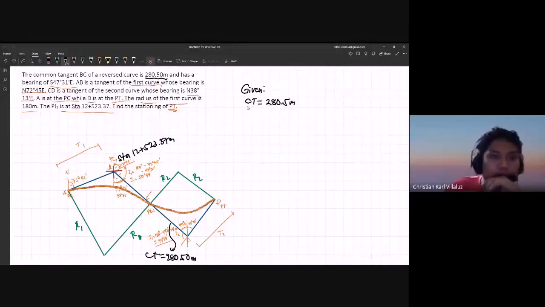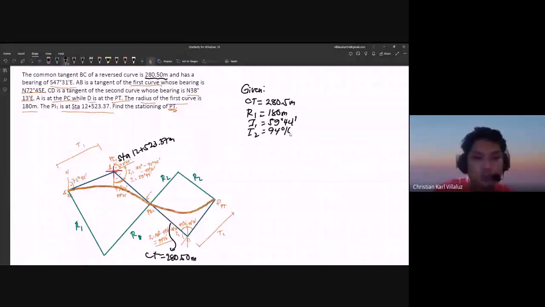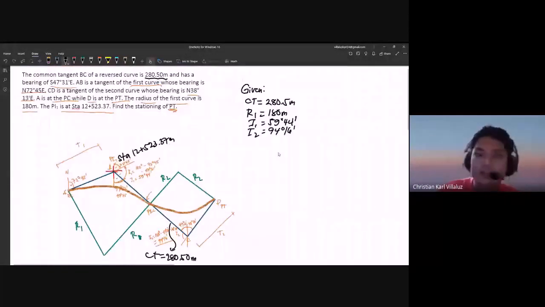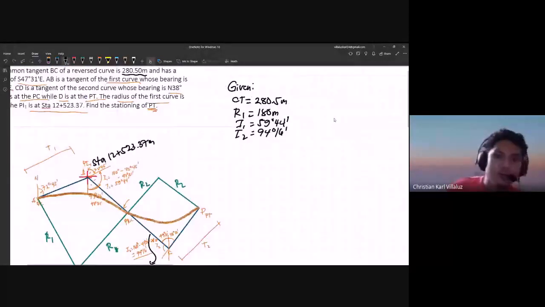Radius of the first curve, 180 meters. I1, na-identify na natin, 59 degrees 44 minutes. I2, 94 degrees 16 minutes. Okay. So, wala nang ibang given. Since given ang ating common tangent, okay.